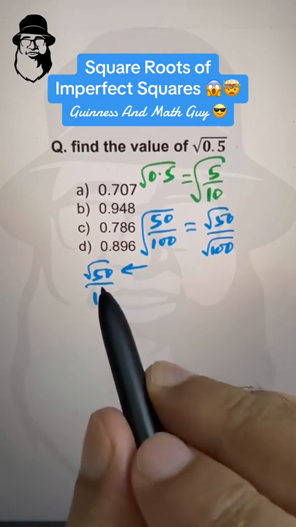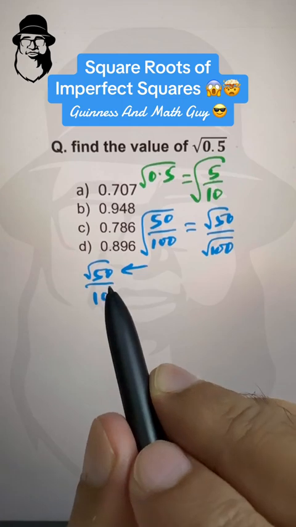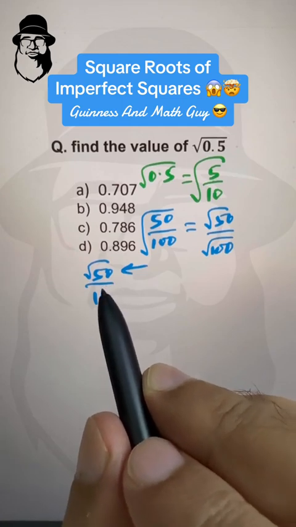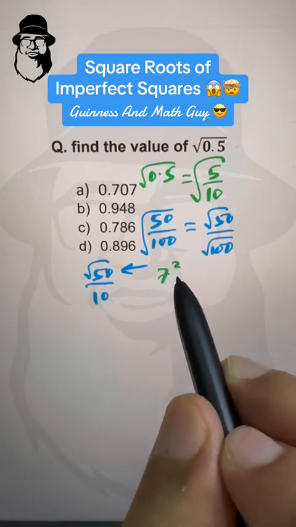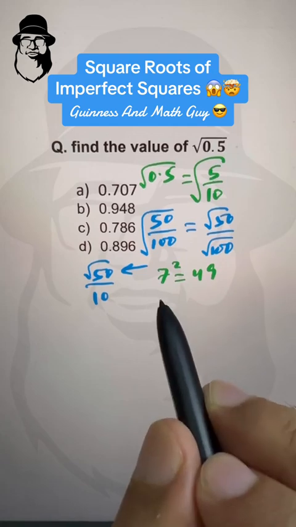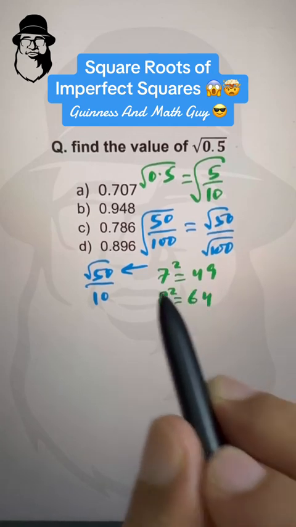Okay, now what is the nearest perfect square that is near 50? We can right away see that 7 squared is 49 and 8 squared is 64. So we'll take this one.